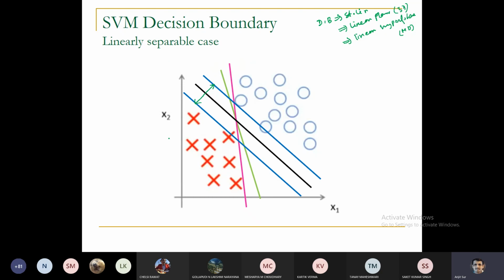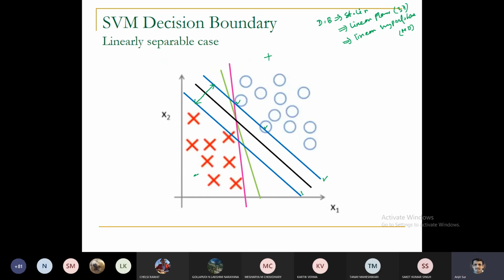And if this particular line touches a few data samples, let's say this is the positive side and this is the negative side, so some data samples on the positive side and some on the negative side are somewhat useful to define this.